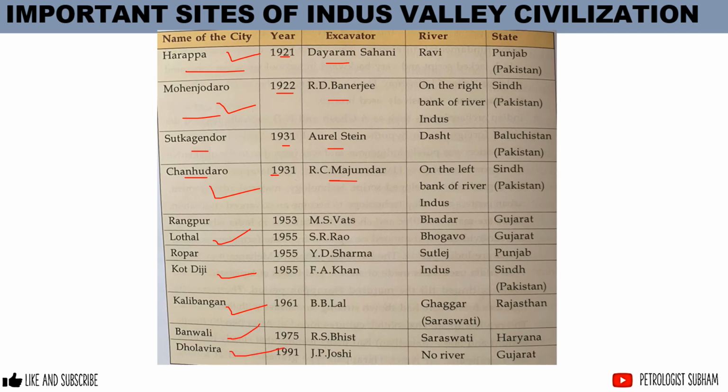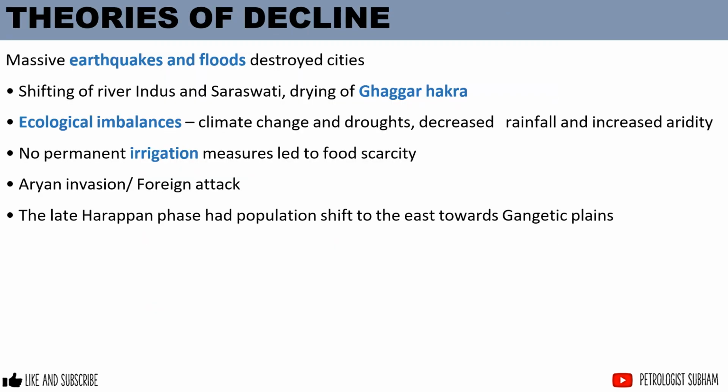Out of these, the most important are Lothal, Kalibangan, Dholavira, Chanhudaro, Mohenjo-daro, and Harappa. These six are very important. You should know the excavator's name and on which river bank each is situated. I am pointing out the very important things, so please note and mark them, and remember these things in your own way.